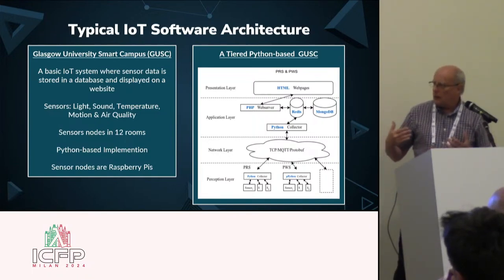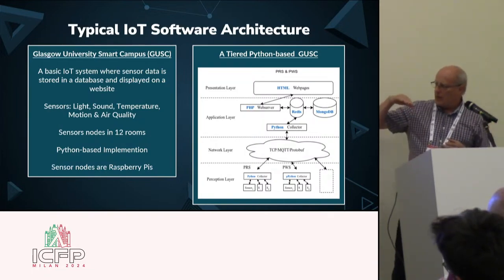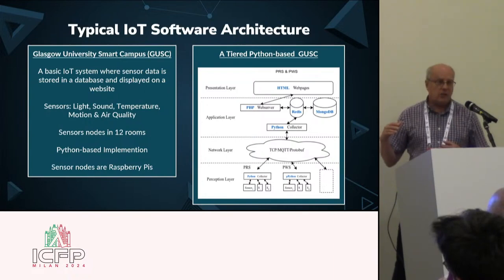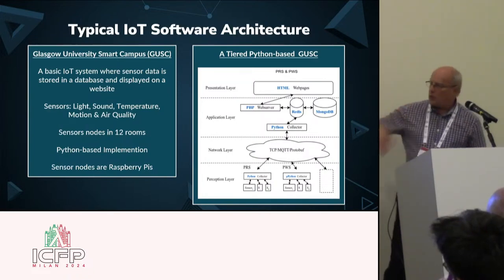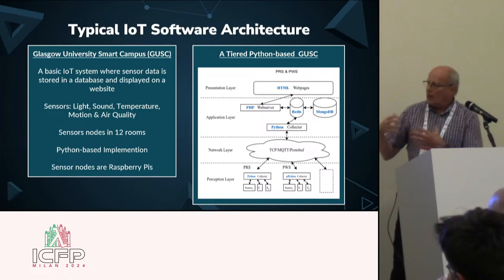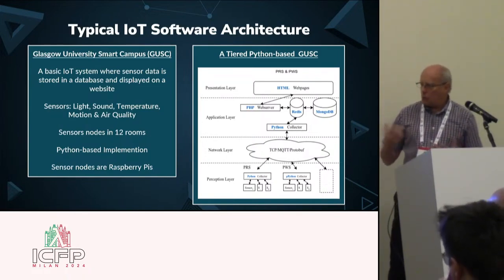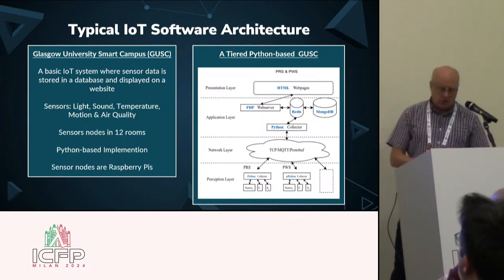IoT software is typically, like many distributed systems, implemented as a number of layers. There's a perception layer where the sensor nodes live, and that's where you sense or change the environment. There's a network layer that communicates the data up to the server.